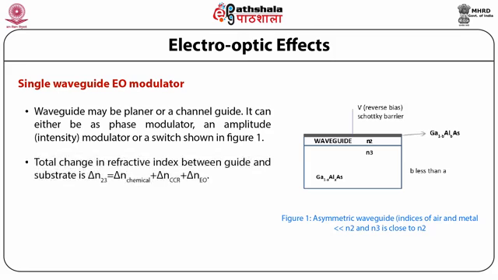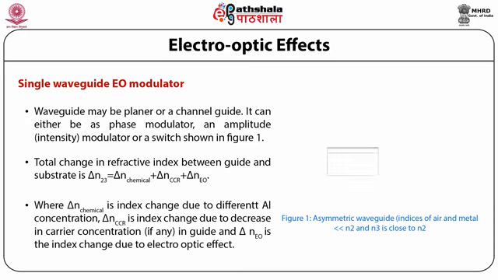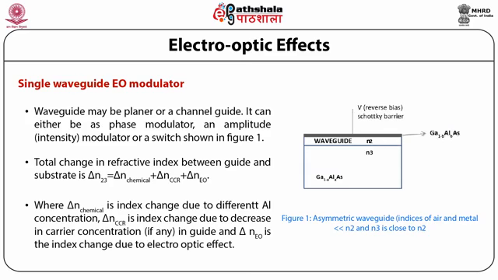So the total change in refractive index between guide and substrate is delta n equal to delta N chemical plus delta N CCR plus delta N EO, where delta N chemical is the refractive index change due to different aluminium concentration, delta N CCR is the change in index due to decrease in carrier concentration in the guide, and delta N EO is the index change due to the electro-optic effect.